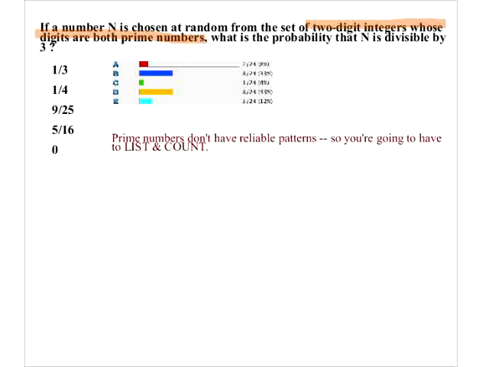It doesn't matter where they are in the original number. So it means your two-digit number looks like this, where it's composed of two numbers that individually are prime. It doesn't mean that your number is prime. It means that your digits are prime. So this digit is prime, and this digit is also prime. It does not mean that your overall number is prime.